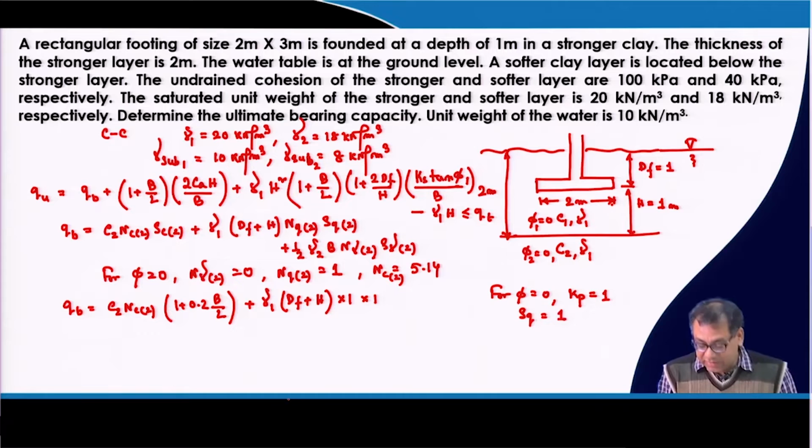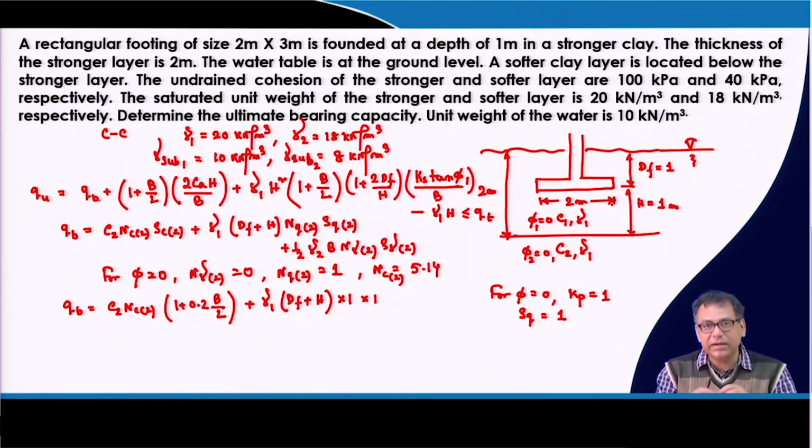Now, remember that when you are converting the equation from strip to the rectangular footing, for your basic equation you always use this shape factor 1 plus B by L in this term.